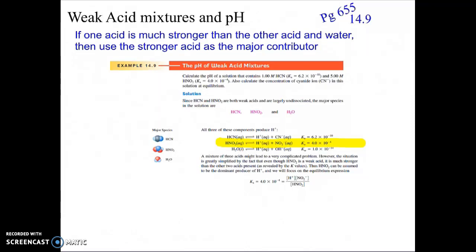So really the dominant reaction is that of the HNO2. You don't have to worry about the HCN. You don't have to worry about the water. So that makes it a very simple way to solve the problems of a weak acid mixture, if you're asked to calculate the pH. So definitely check that out in your textbook, page 655, and I believe it is example 14.9.